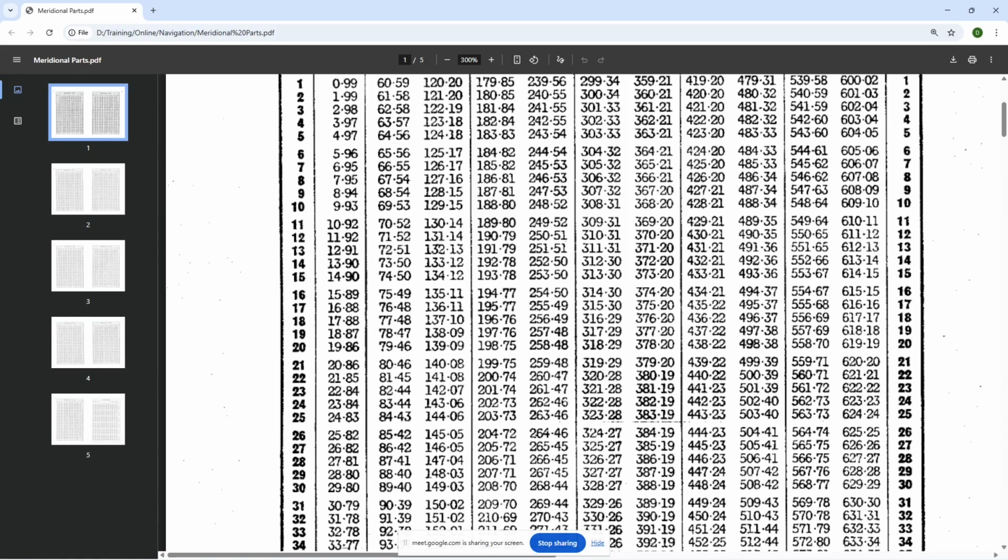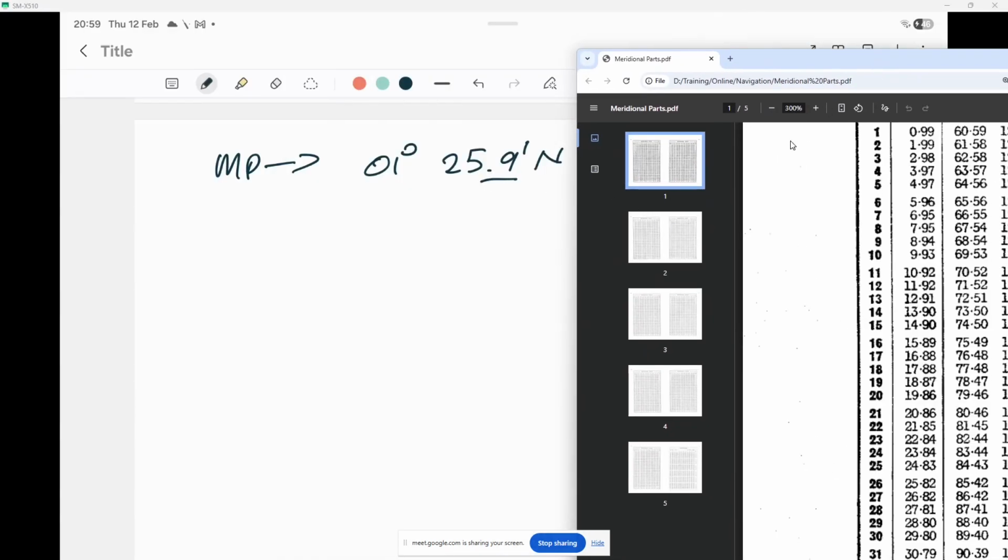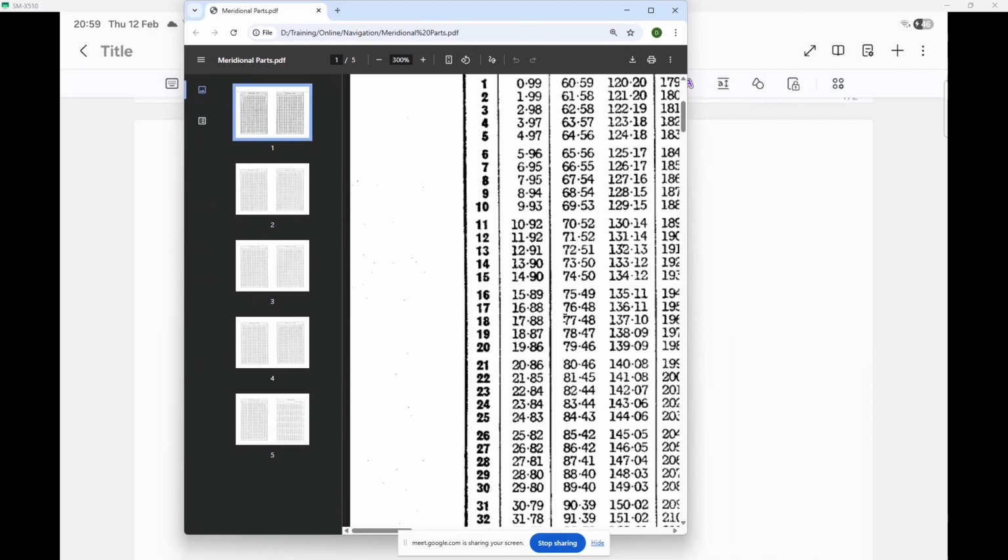Are we clear? Yeah. So now we have to interpolate in between, right? We have to interpolate in between 25 and 26 for 25.9, because I have given you 25.9, in order to find out what is the value in between these two.